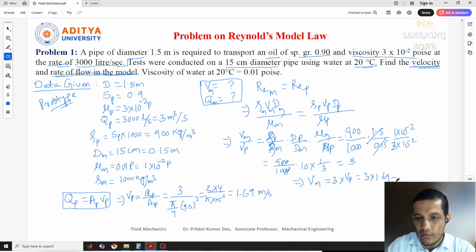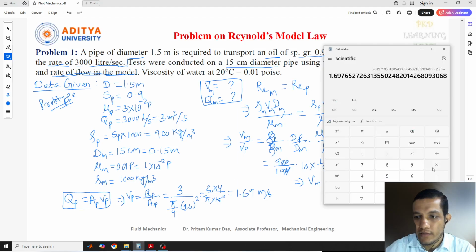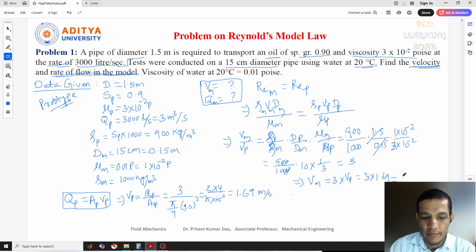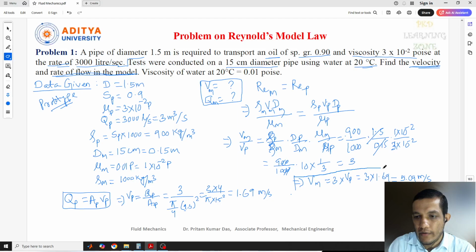So we'll get the value of the velocity of the model. Just multiply by 3, 5.09 meter per second. So the same thing I'll write here, 5.09 meter per second. So this is the first requirement we have identified, the velocity of the model.